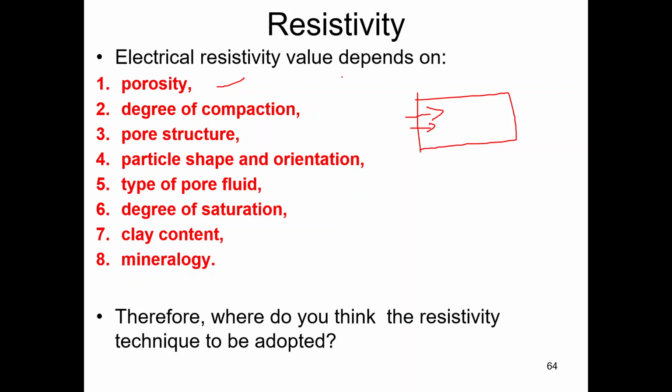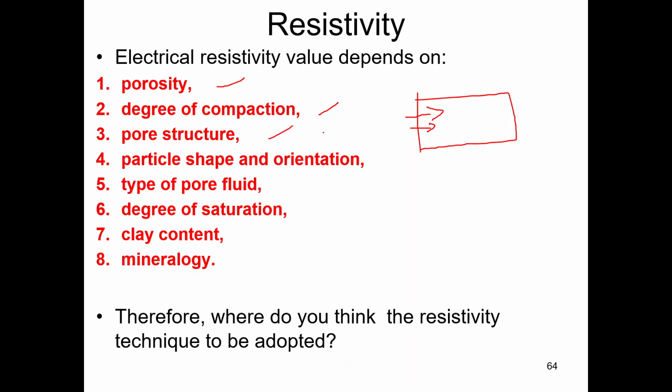Water means the moisture. Solution in the material influences the resistivity value. So porosity is a very important factor that influences the water in the material, as well as degree of compaction.